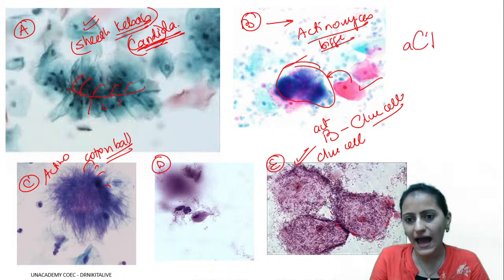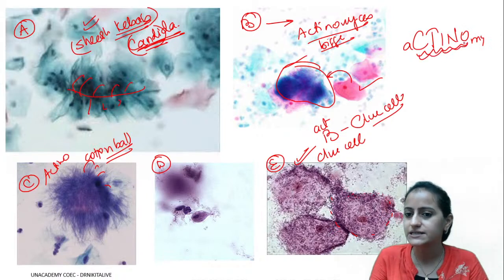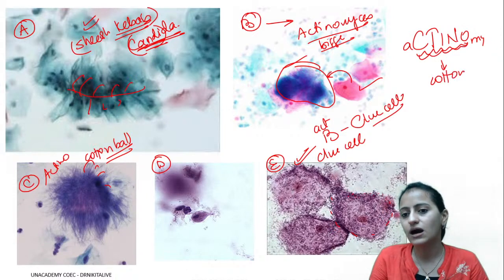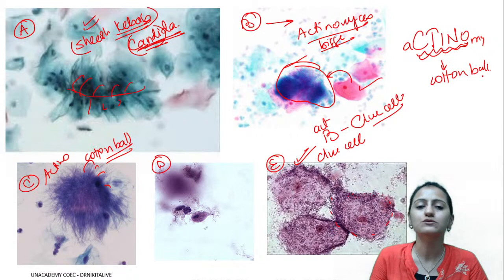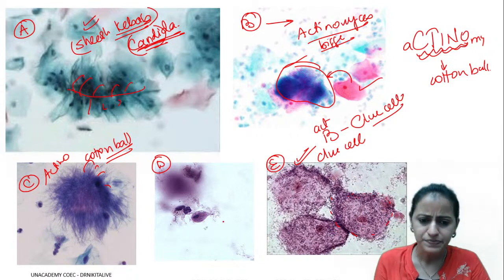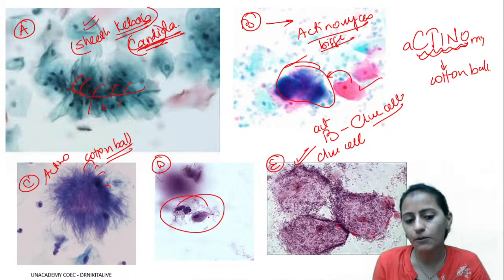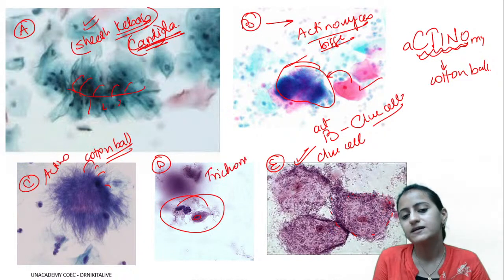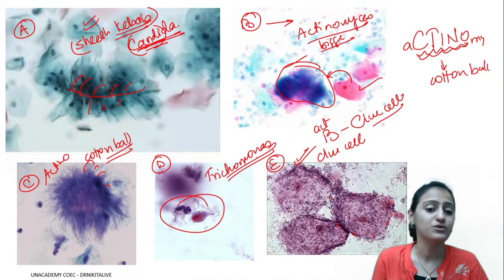So remember, actinomyces, you have the cotton hidden in it. So cotton ball appearance is seen with actinomyces. Very, very important. And this is straightforward, your pear-shaped single nucleus, this is going to be your trichomonas.